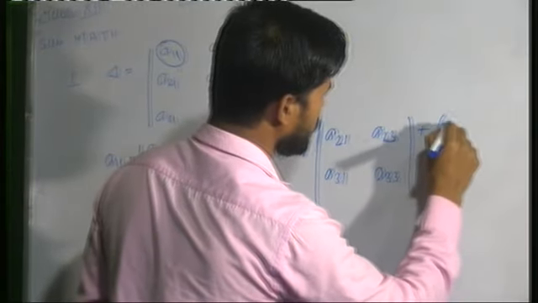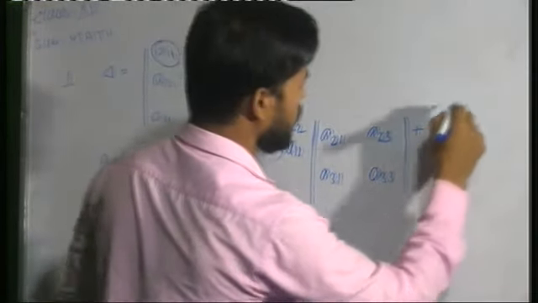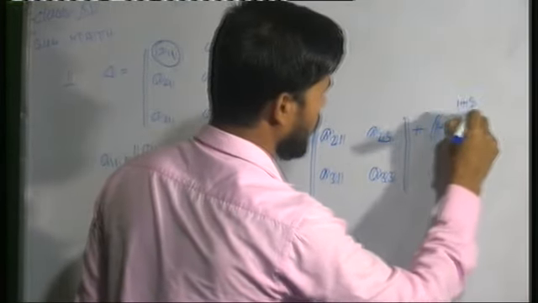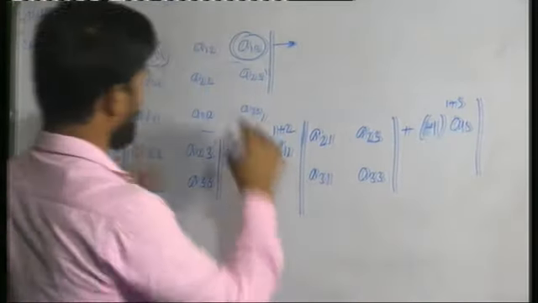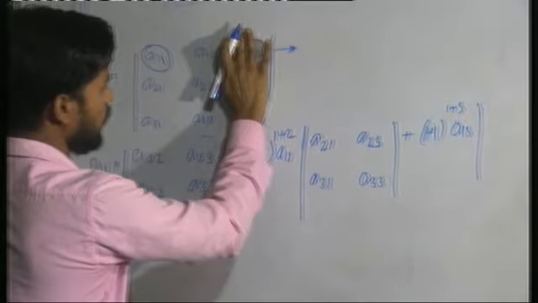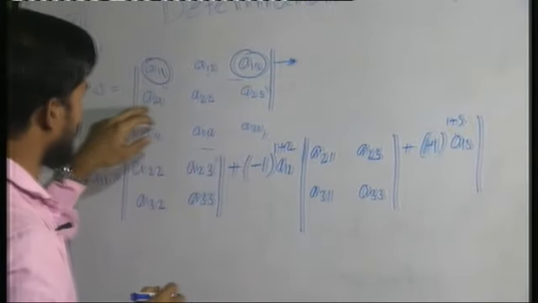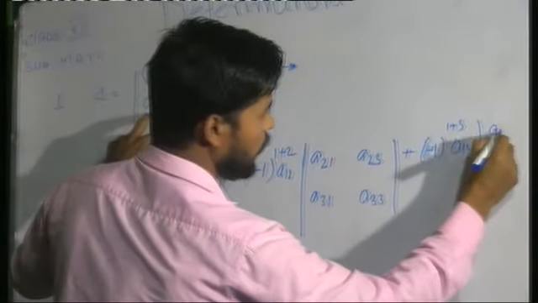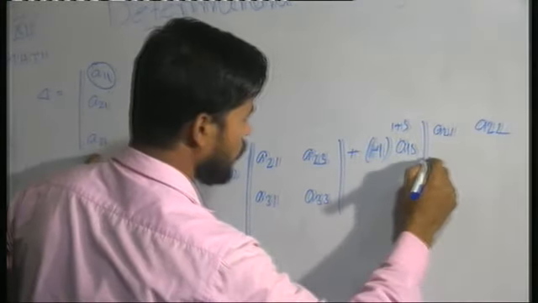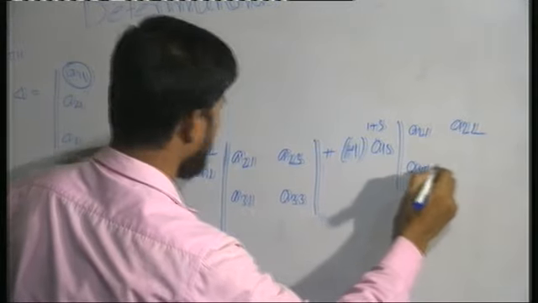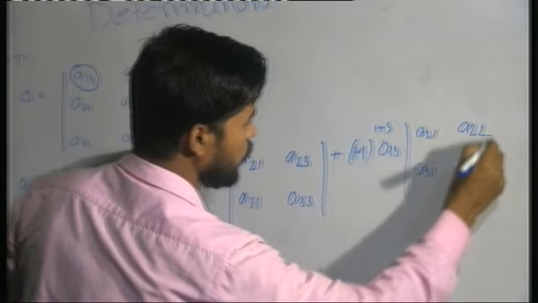Similarly, when we choose the last element, we have minus 1 whole to the power 1 plus 3 into A13 determinant of, now if you cover this column and this row, we have A21, A22, A31 and A32.